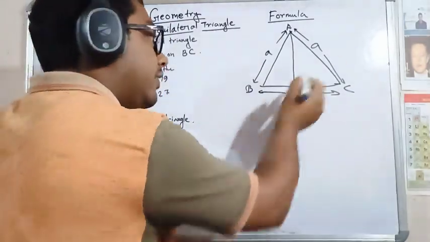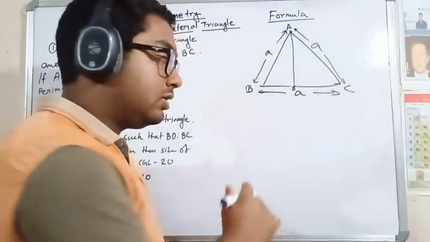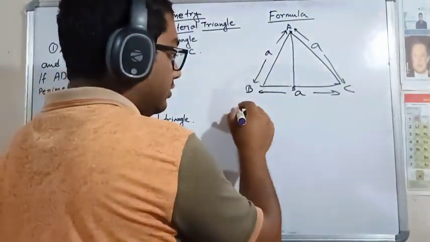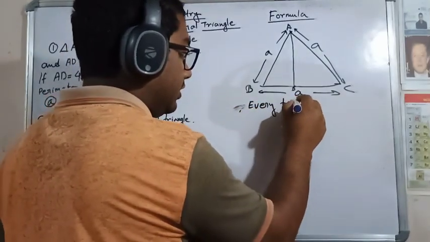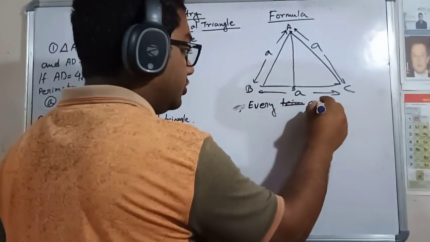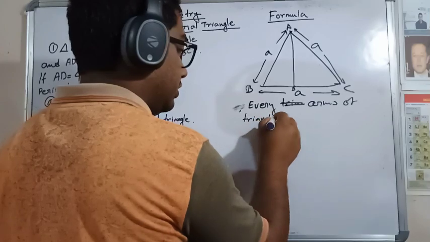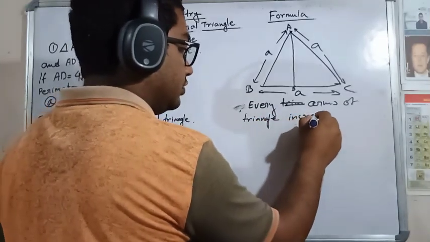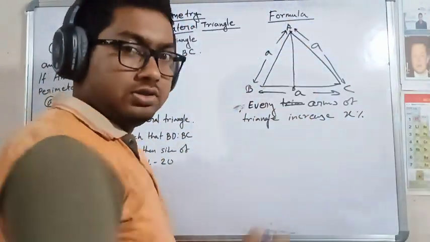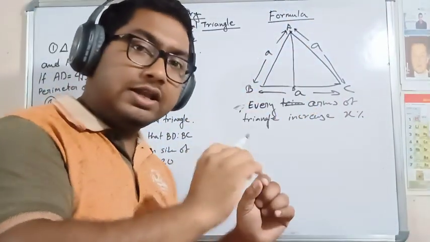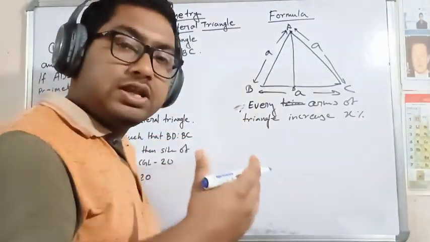So if every arm of a triangle, any triangle in general, increases x%, every arm increased by a similar amount of x%, then how much is the area increased?